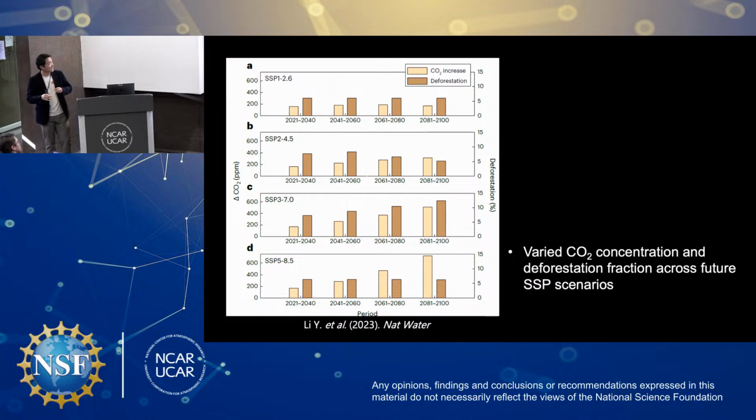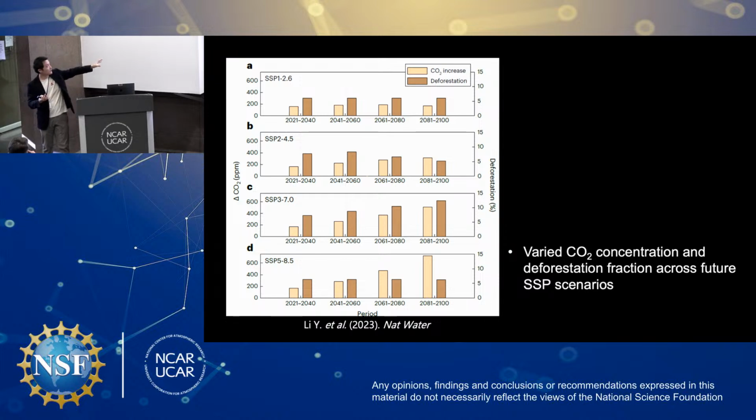So the idea is that, because we have the transient climate sensitivity, we can combine this sensitivity with the future CO2 increase and the future deforestation levels. These bars show different future scenarios, from SSP 1 to SSP 5, where you can expect things getting worse and worse from SSP 1 to SSP 5, right?